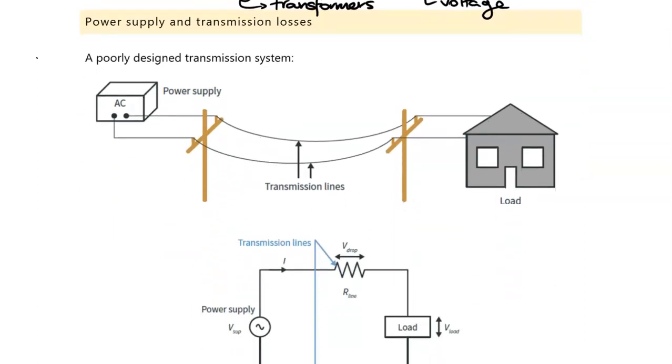To get ourselves going, let's look at the really basic design of a really poorly designed transmission system. So just say we've got an AC power supply, and that could be modeled as some sort of power plant, coal, nuclear, could even be like wind power or something like that, hydroelectric.